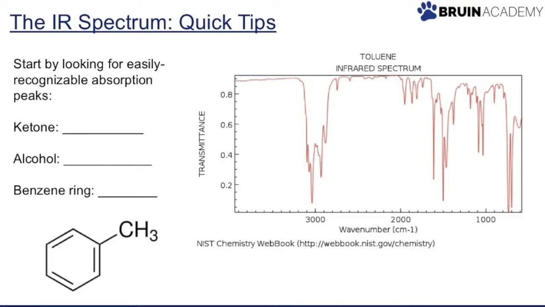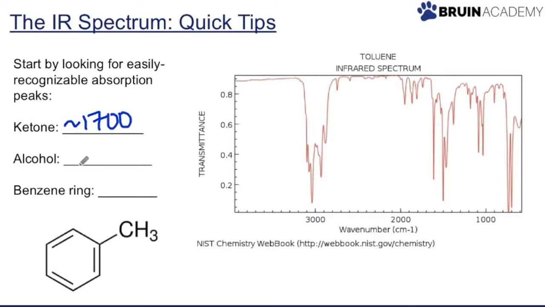So we're going to move on to the next point. Just some random tips that I usually find very helpful. In terms of looking for absorption peaks, I tend to do a preliminary assessment in my head of the IR spectrum of what I can see. What I usually look for first is some kind of ketone or carbonyl, and this is usually around the 1700 region.